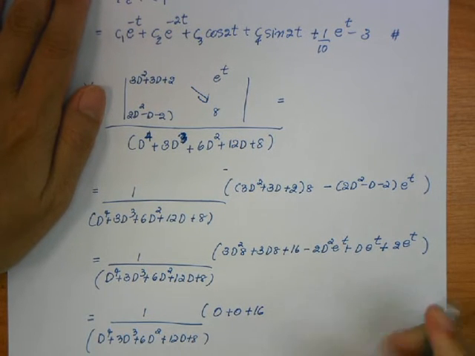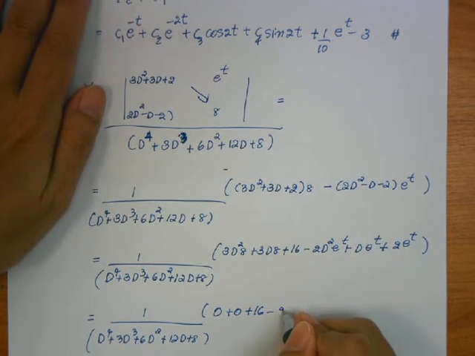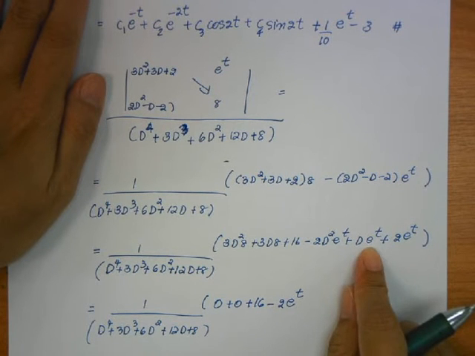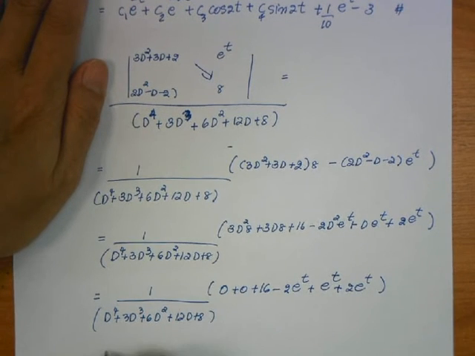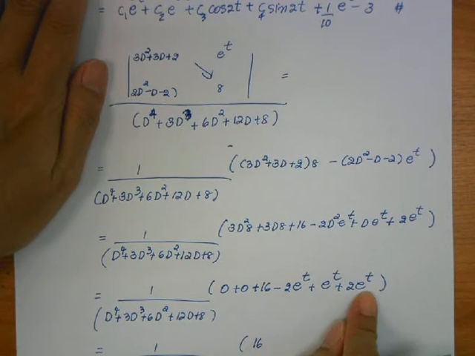Then we get 16. The second derivative of exponential of t is exponential of t. The first derivative of exponential of t is exponential of t. Okay, almost done. Such a long example. You have 16 here, minus 2 plus 2 are gone, and then you have exponential.